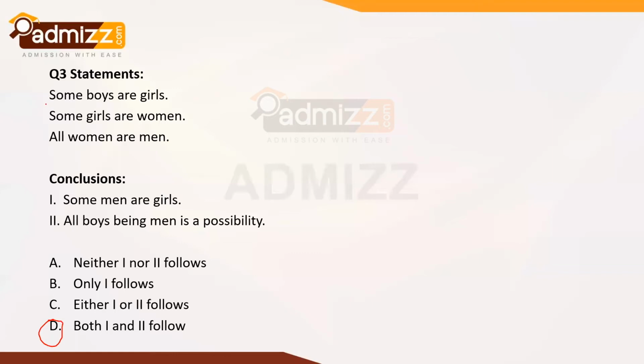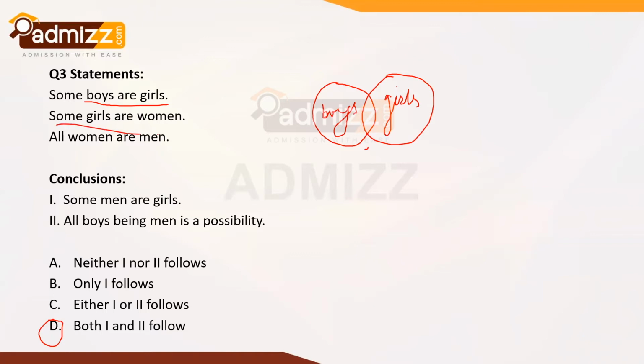What's given is some boys are girls, right? So we'll be making Venn diagrams immediately. This is boys, and this is a set of girls. They share an overlap, because it mentions that some boys are girls. The second statement mentions that some girls are women.